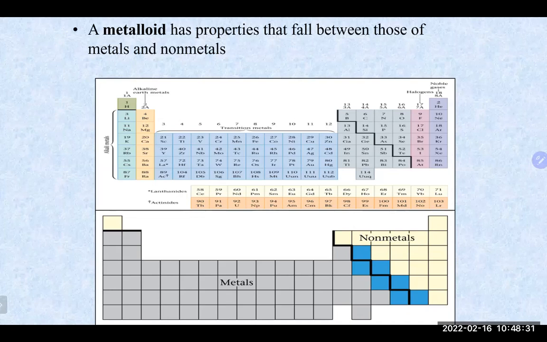It does make sense if you think about where they're at. You've got all these metals, and then we're going into non-metals. So these have some properties that would be considered more metal and some that would be considered more non-metal.